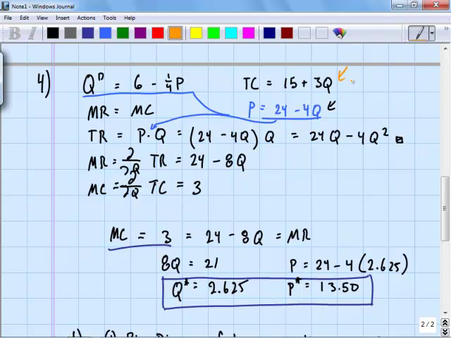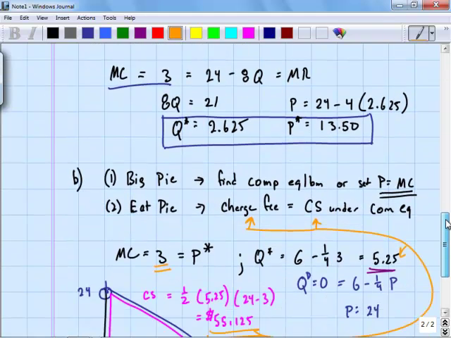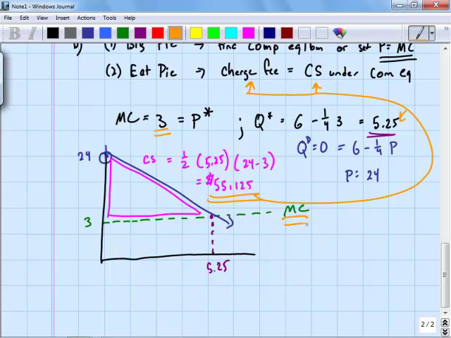If it did anything, it's just going to change your total cost and push that up by $5. So your new total cost might temporarily be 20 plus 3Q, you'd still end up with the exact same marginal cost equal to 3. So marginal cost is 3, even with that change.